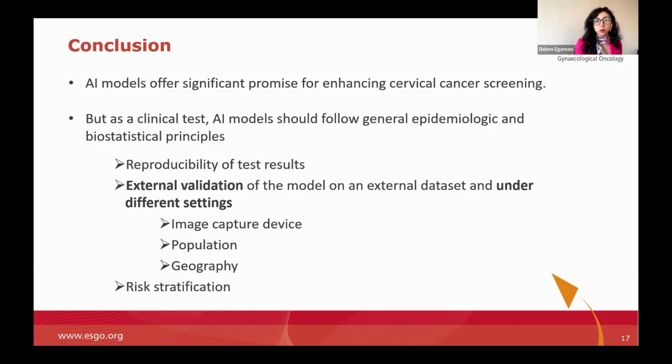The most important one is the image capture device, which completely degrades the performance. It should be monitored on different populations and different geographical regions, but in our experience, they don't change the performance. So we still were able to obtain high performance. And it should also create risk stratification to be a useful test for your screening program.